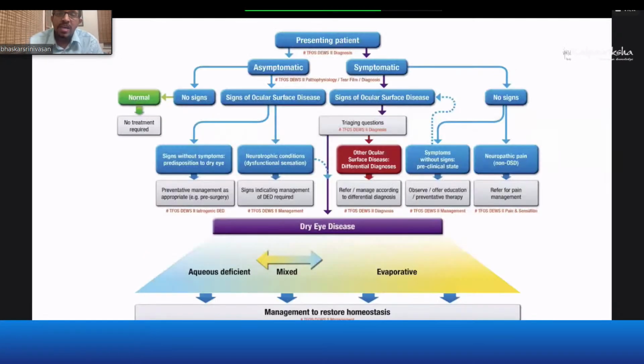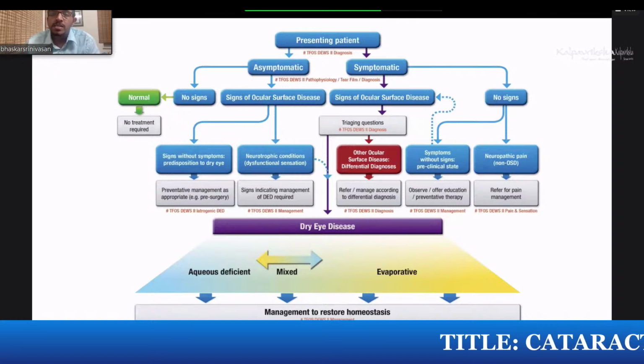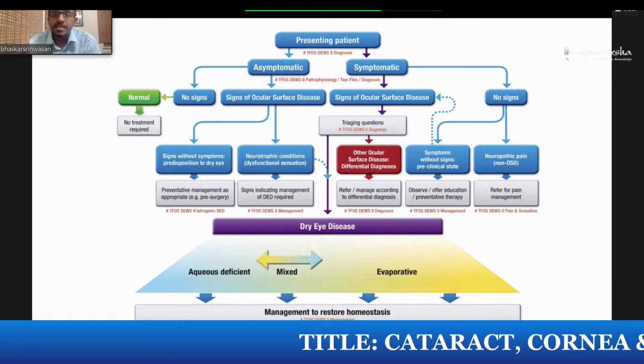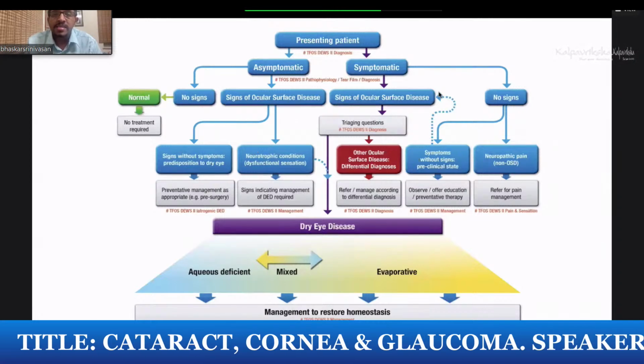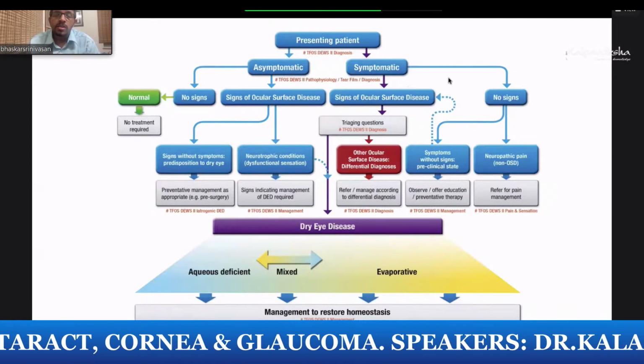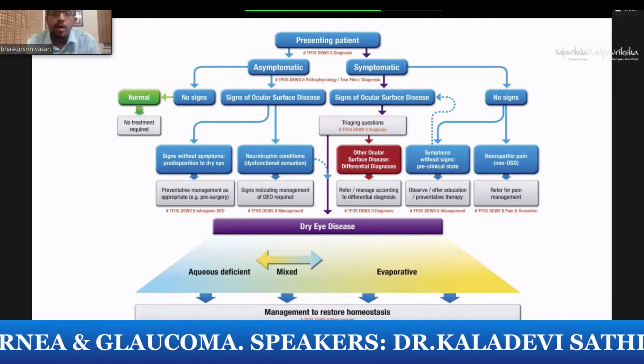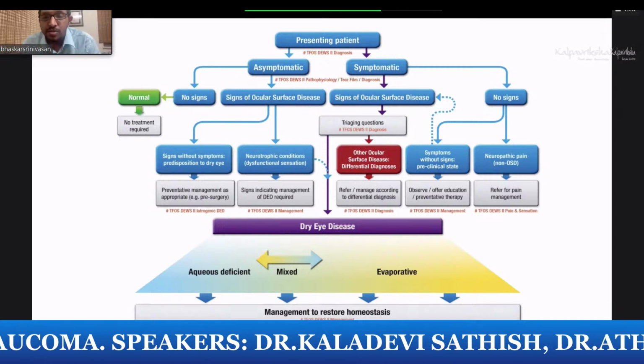The DEWS II also gave us an algorithm to manage a patient, because we do know that there's symptom-sign mismatch as far as dry eye is concerned. If you're looking at an asymptomatic patient who has signs on the surface, you're probably looking at a neurotrophic condition, and that needs to be addressed.